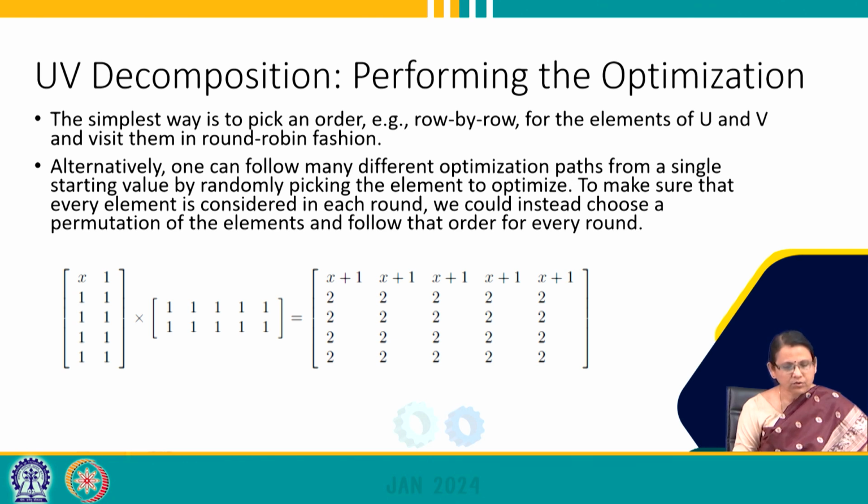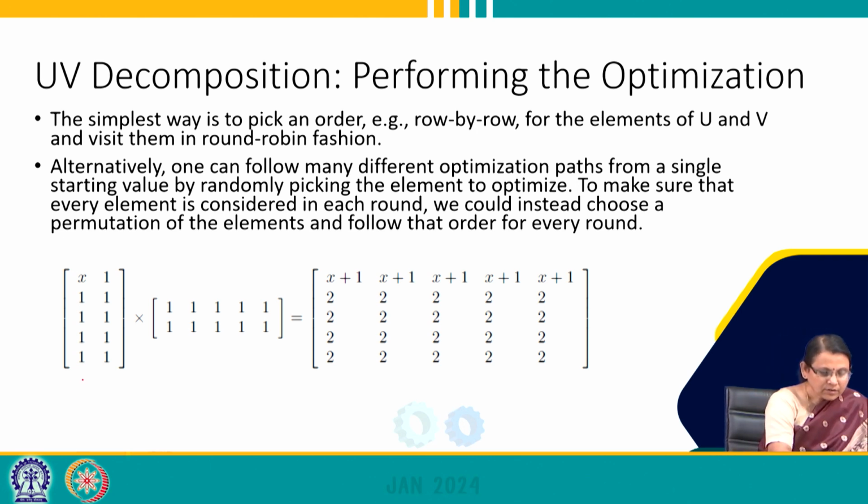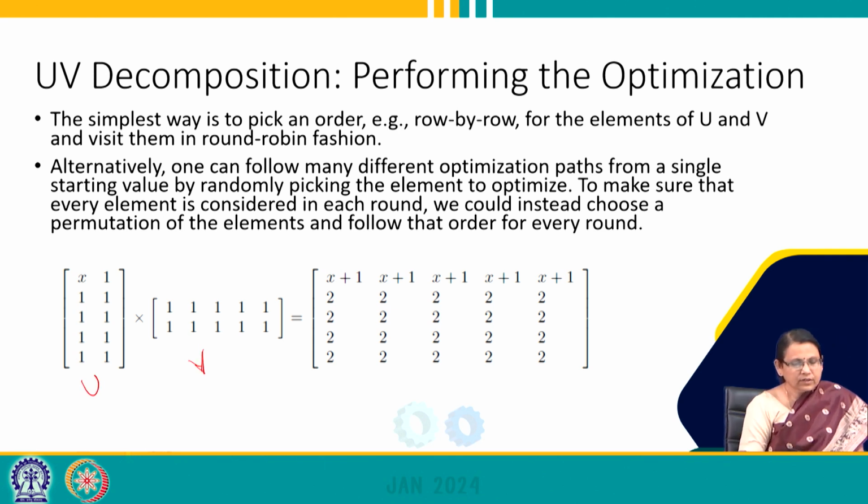So, the next task is you are supposed to optimize this value, and you will be following a certain optimization procedure, so that this U and V, which you initially chose as certain random values, are slowly updated, and the error keeps getting minimized.